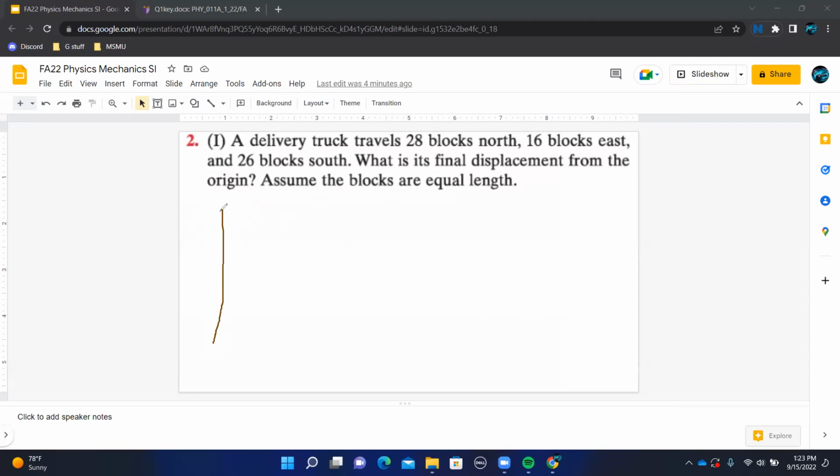We're going to go 16 blocks east, so let's do 16, 28. And then we're going to go 26 blocks south, which is short of 28. It asks for the final displacement from the origin.